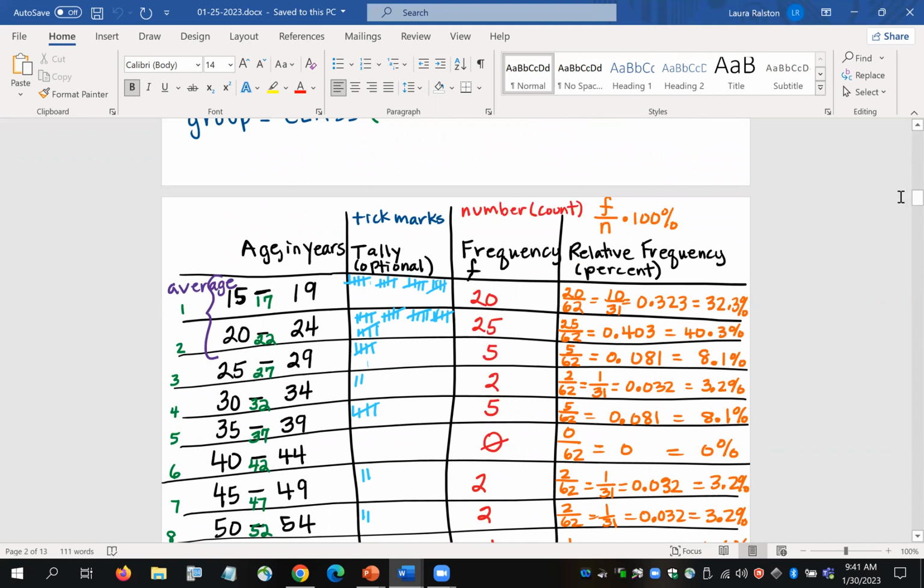It began to give us an idea of what the average might be, and we noted from the frequency distribution that the average age was somewhere between 15 and 24.